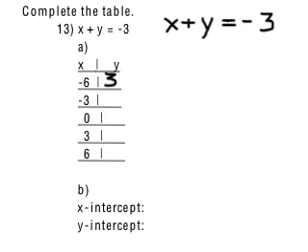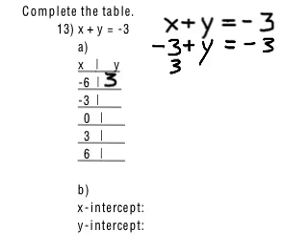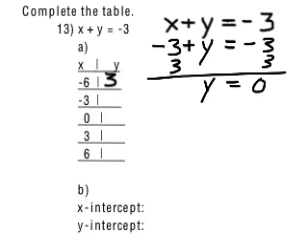Alright, now we're going to substitute negative 3 for x. Negative 3 plus y equals negative 3. Well, you can see if we add 3 to both sides, that one's going to disappear, right? And we get y equals 0. Y equals 0. That's our x-intercept.